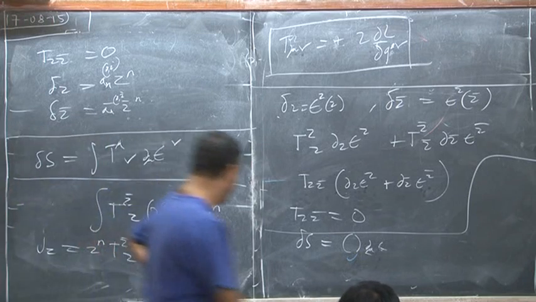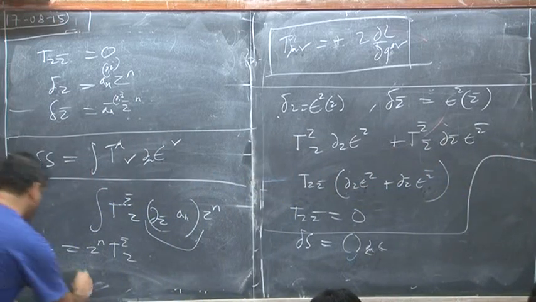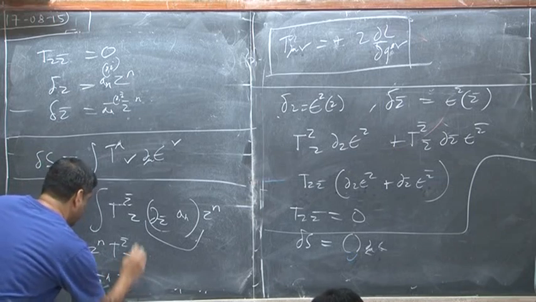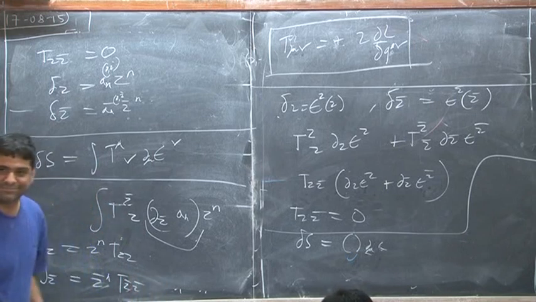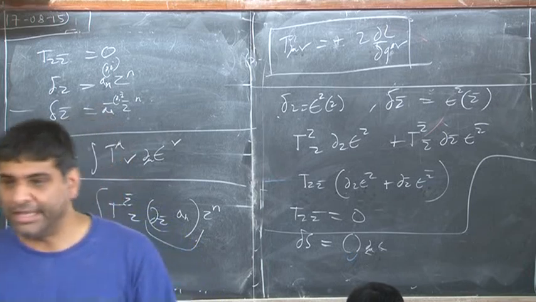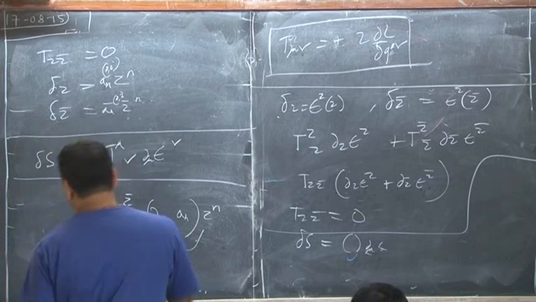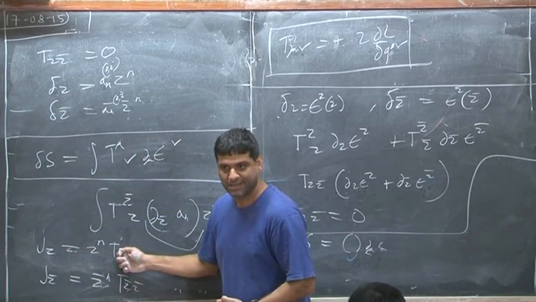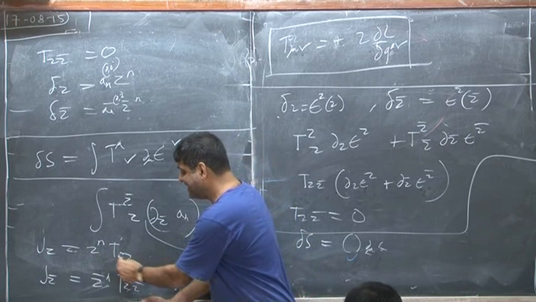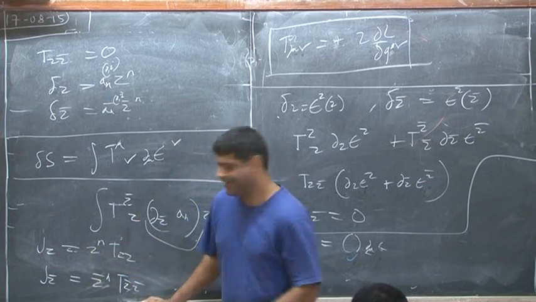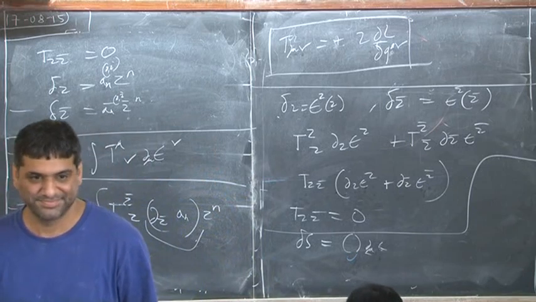And similarly, J_Z bar will be equal to Z bar to the power n, which is just d Z. So we have concluded that the Noether currents for the various conformal transformations are extremely simple. They are obtained by taking T_ZZ multiplied by z to the power n and T_Z bar Z bar multiplied by z bar to the power n.